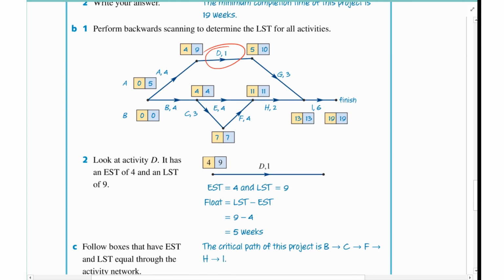We've also worked out that the critical path here is B, C, F, H, and I. And just to highlight it in a different color, bang, bang, bang, those bits there, okay? So A, B, C, and this part here coming up to there. All right, so that's the critical path.